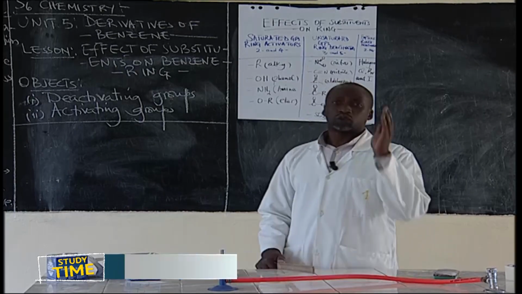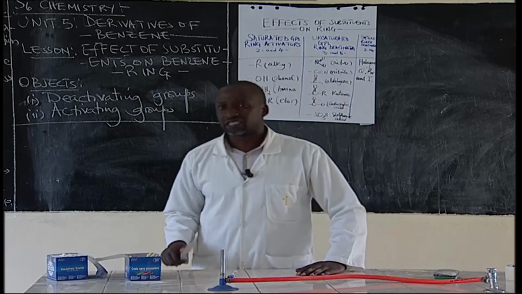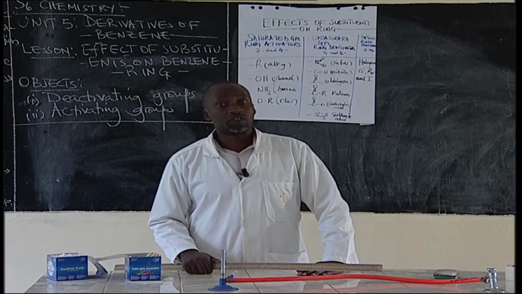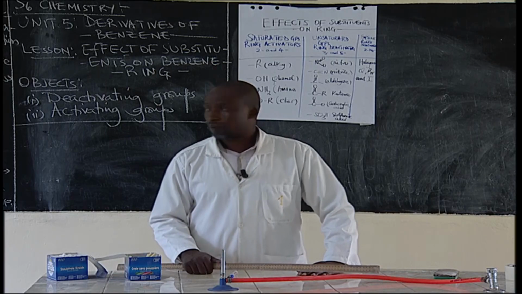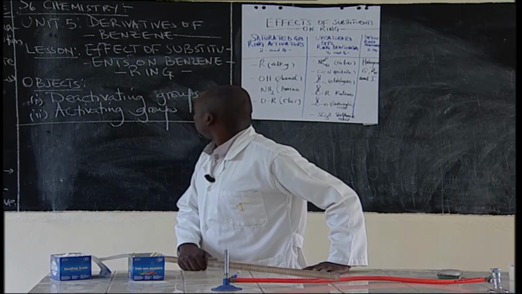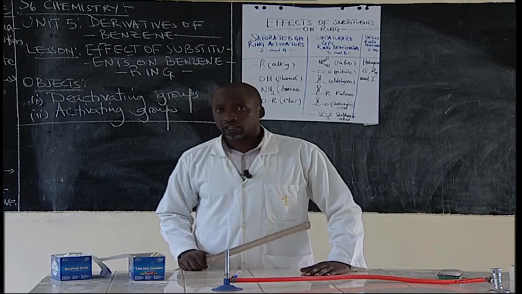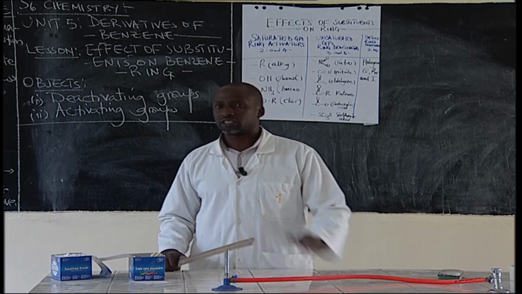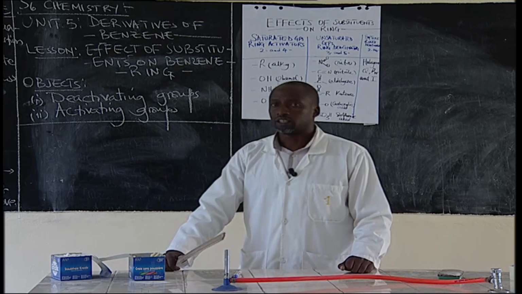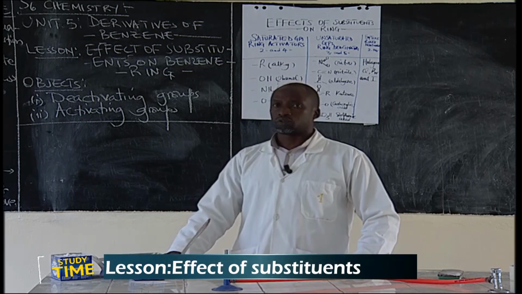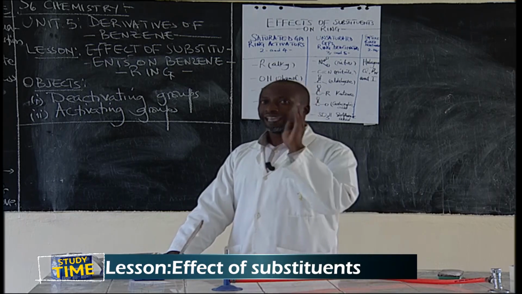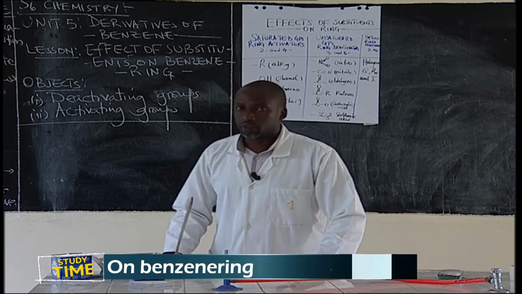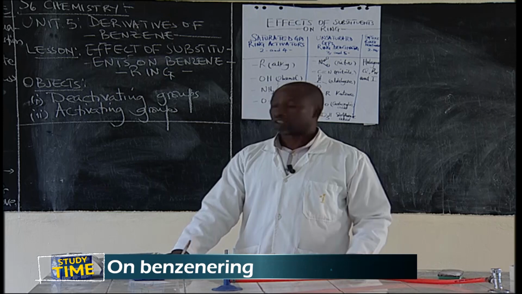And we talked about the chemical properties of the benzene and even the physical properties. And if you remember again, the type of the reaction, that is the most important part that each of you should not forget: the electrophilic substitution reactions.